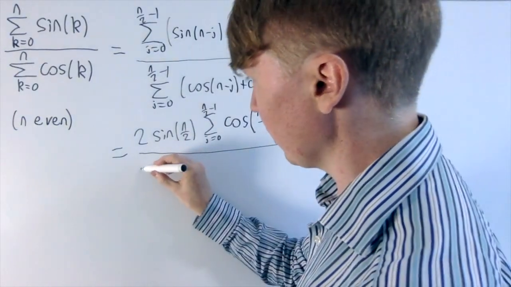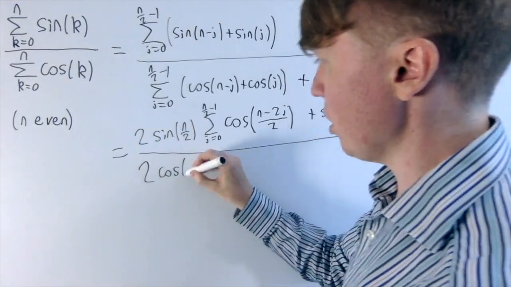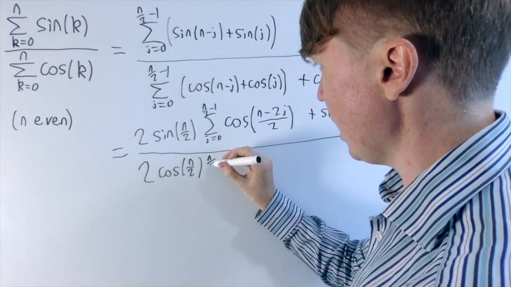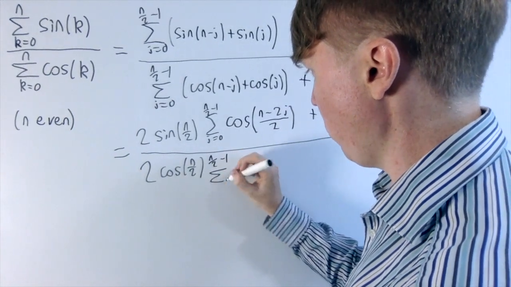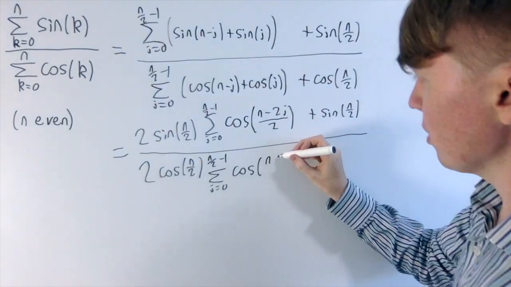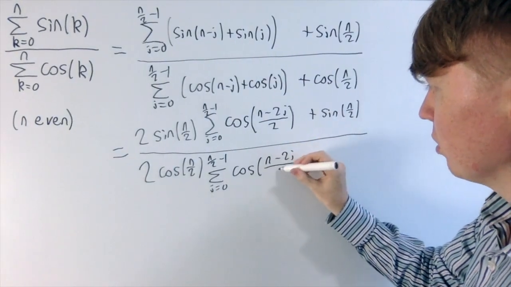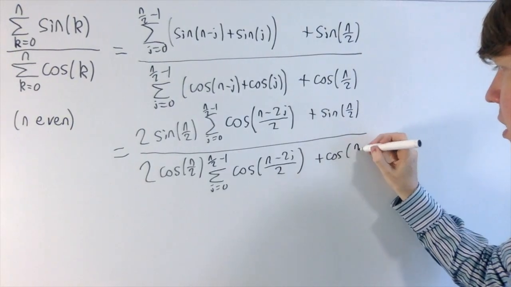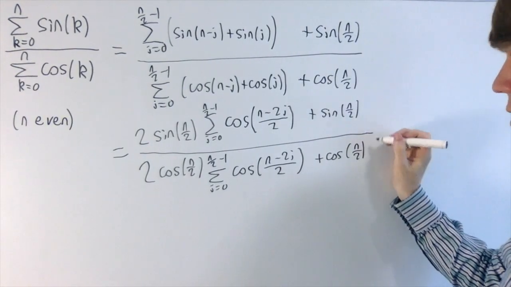And then you do the same thing in the denominator, you get 2 cos n over 2, which you can take out of the sum because it doesn't depend on j. And you're left with the exact same sum, cos of n minus 2j all over 2. And we've got this leftover cos n over 2 term, just as before.